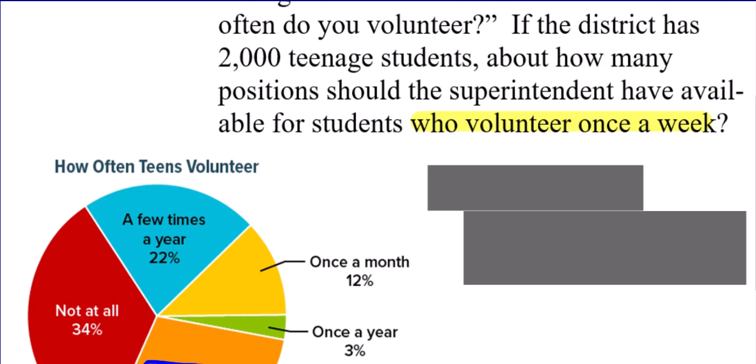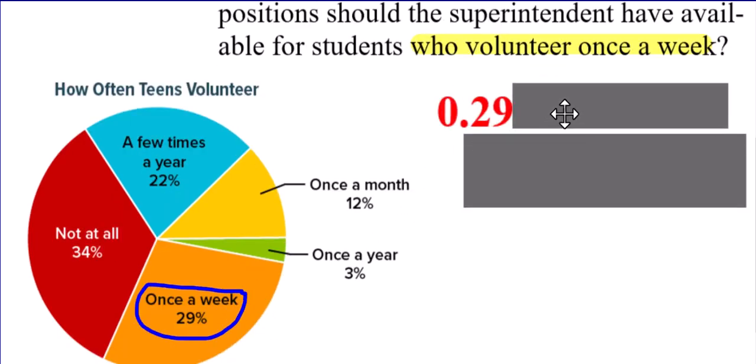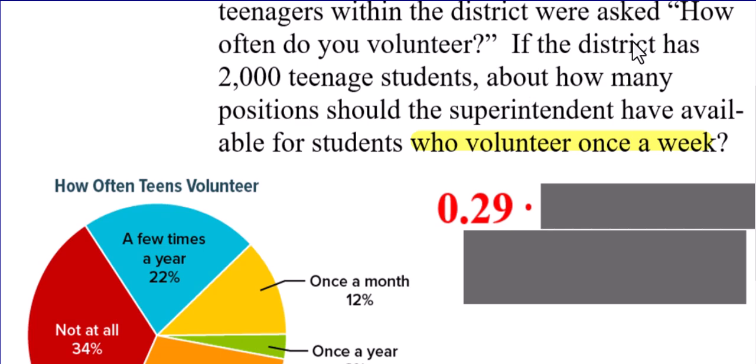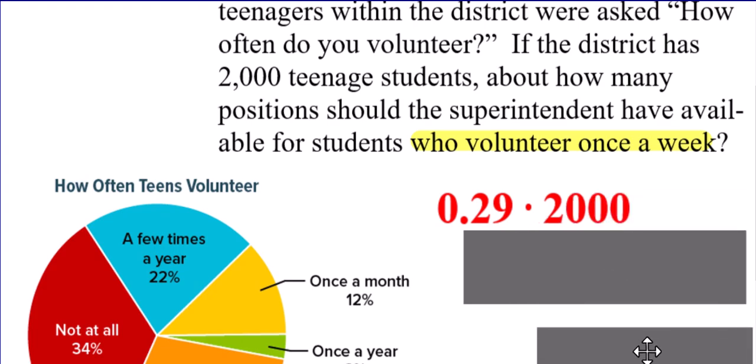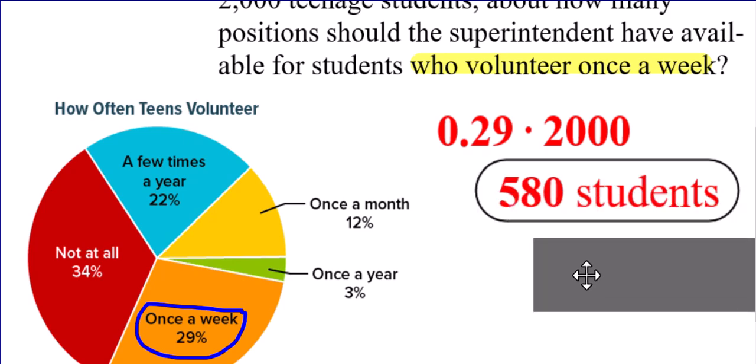So let's take 29% in decimal form, which is 0.29, and multiply it times the new total that the school district actually has. It's not a new total, but it's their grand total of teenage students. So that is 2,000 students. And if you go ahead and multiply this, you will get 580. So that is our answer. That is what the superintendent should expect to be available to volunteer once a week.